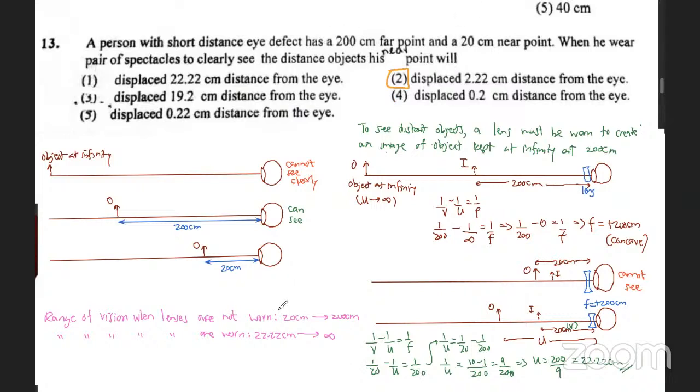This is our near point. This is the far point. And here the new far point and new near point. So the new near point has gone 2.22 centimeters away from the eye. I think that's what these answers mean, right? Displaced 22.22 distance from the eye. No, that means the new distance, according to the first statement, becomes 42.22. No.